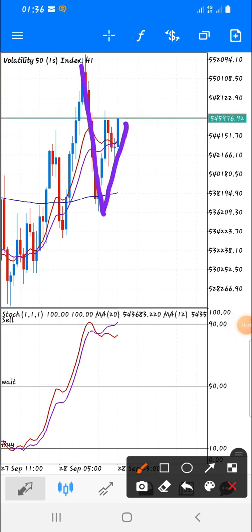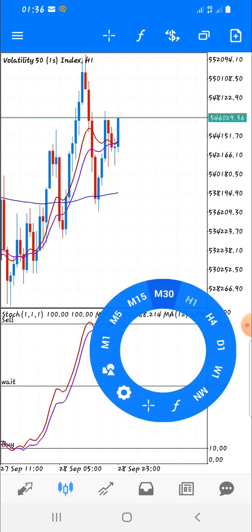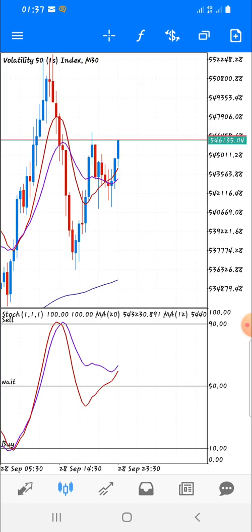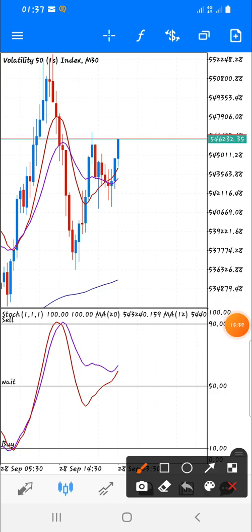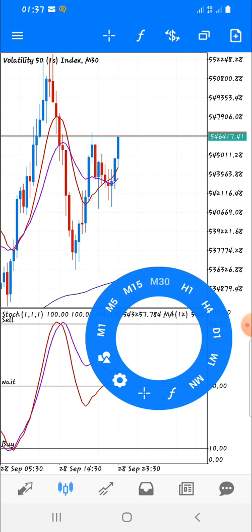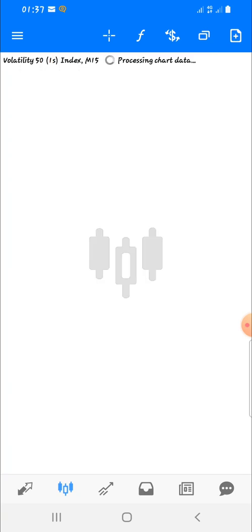So, ladies and gentlemen, you then go to the smaller time frame, because at the end of the day we want an entry. Here is the impulse and the corrective. The impulse, the corrective wave. We want an entry. You then go to the 15 minutes time frame.